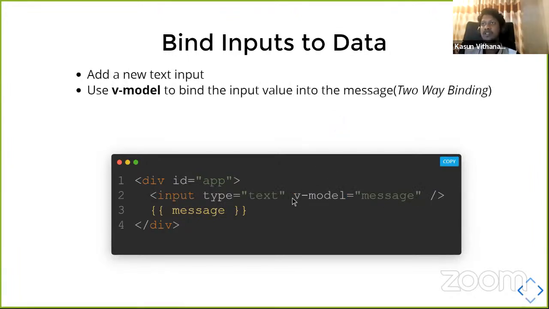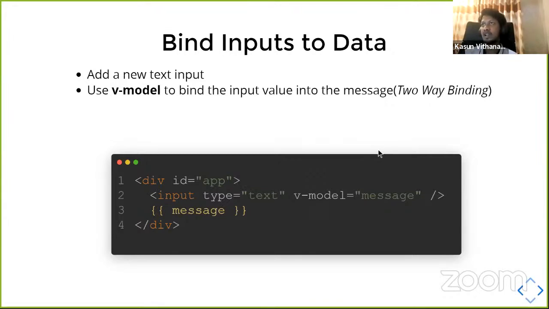And I have used a new keyword here, which is called v-model, which is referring to the message. So now what happens is when you change this input, Vue.js will propagate that input value to the message, and then the same thing happens. When you change the message, the DOM is getting updated.